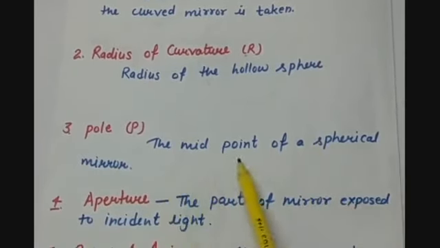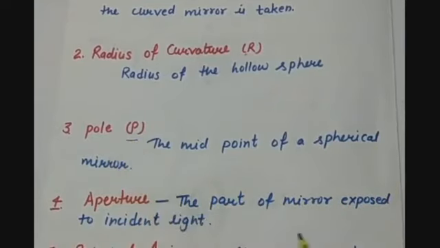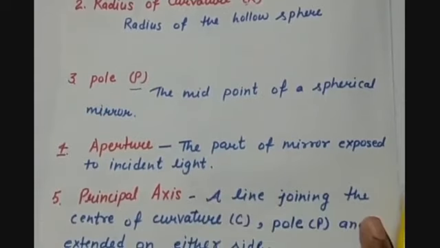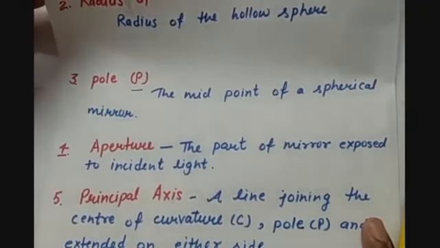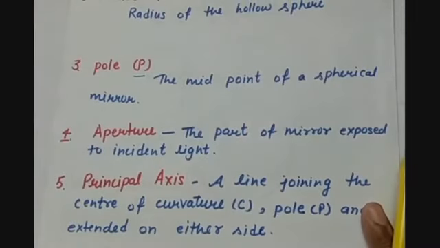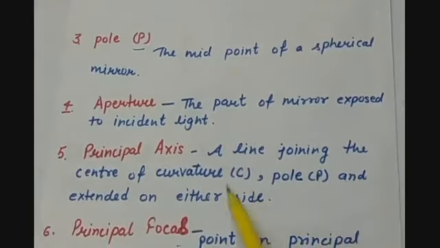The midpoint of a spherical mirror is called pole and denoted by a capital letter P. Aperture, as I told you, is the part of the mirror which is exposed to incident light. Principal axis, a line joining the center of curvature, pole, and extended on either sides. This will be our principal axis.